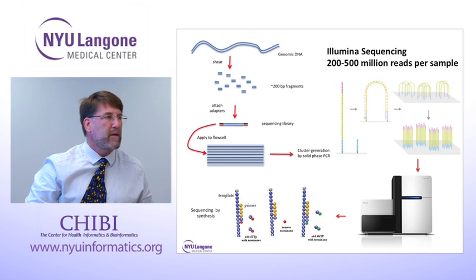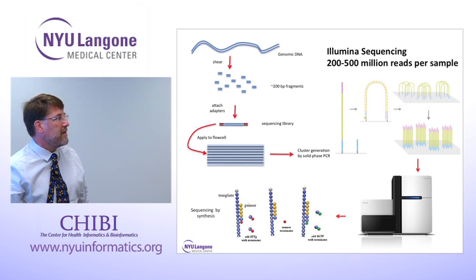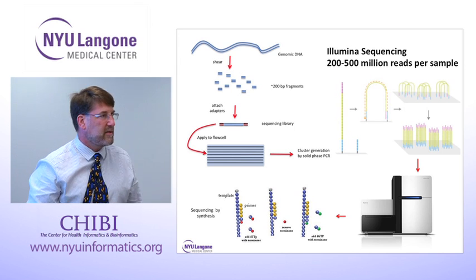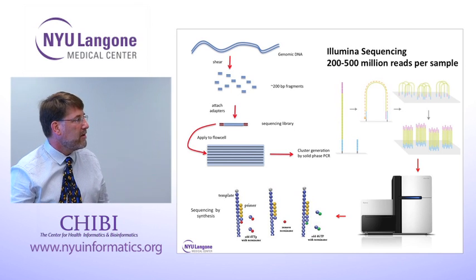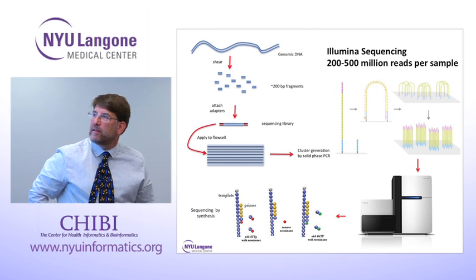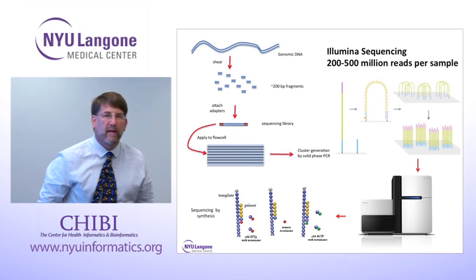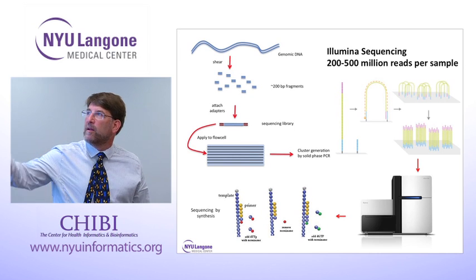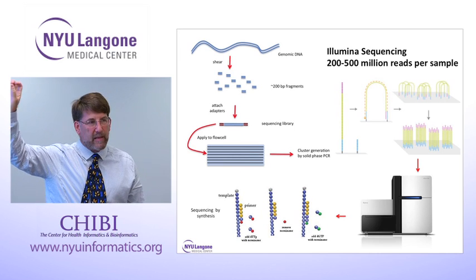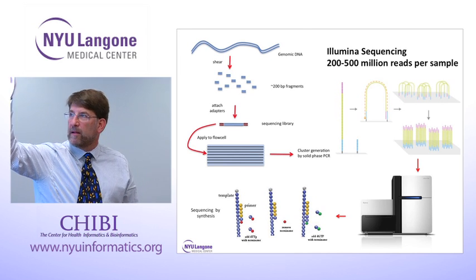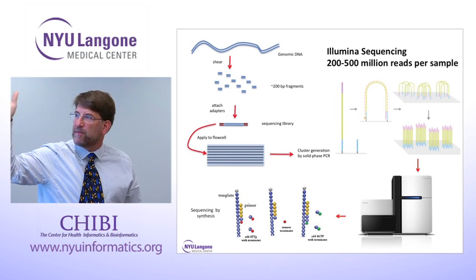The RNA-seq that I'm going to talk about is done on the Illumina platform, mostly here at the Genome Technology Center lab at NYU. If you aren't familiar with the Illumina, I'm not going to go into great detail, but in quick overview, you start with DNA. In this case, it would be total RNA, not genomic DNA. You chop it up into fragments.